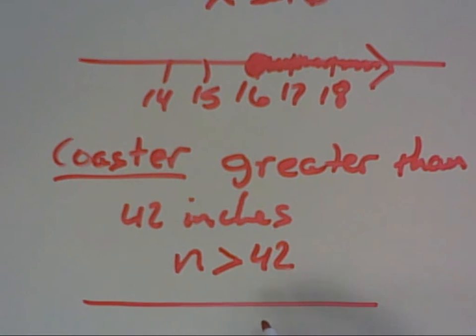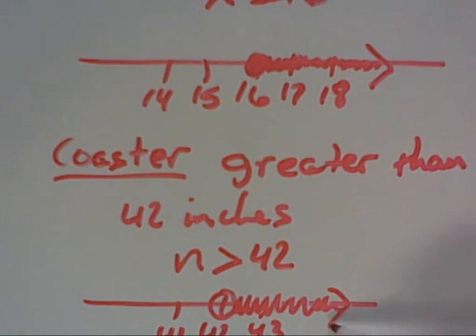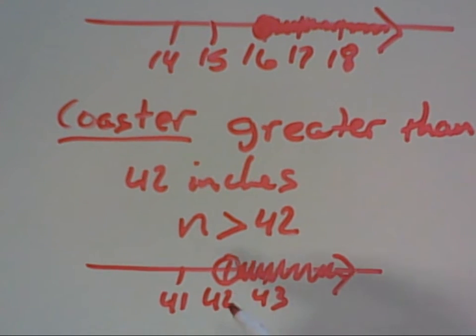If we graph this one, it's going to be similar to the graph up here, except if this is 42 inches and this is 43 inches and 41 inches down here, I'm going to put an open circle around 42 because 42 inches isn't going to be a solution to that inequality. You have to be greater than 42 inches. Now, you could be 42 and a half or 42 and a fourth or even 42 and a hundredth, but 42 inches isn't going to work. And so this inequality's graph looks like this.